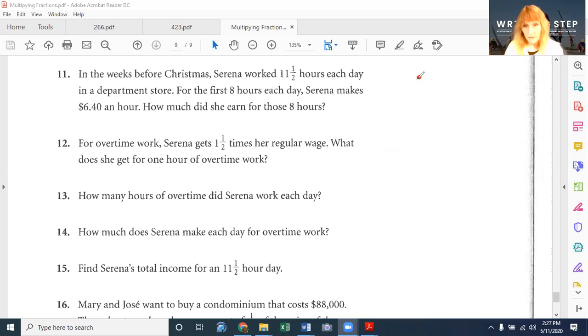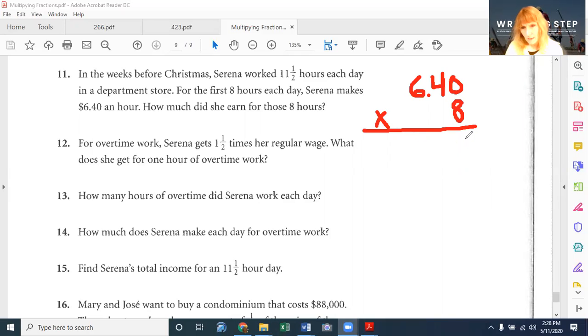Well, that is just multiplying her wage, $6.40. Who makes $6.40 anymore, right? $6.40 for the first 8 hours, right here. So we're going to multiply that together. The first 8 hours, she makes $6.40. How much did she earn in those 8 hours?